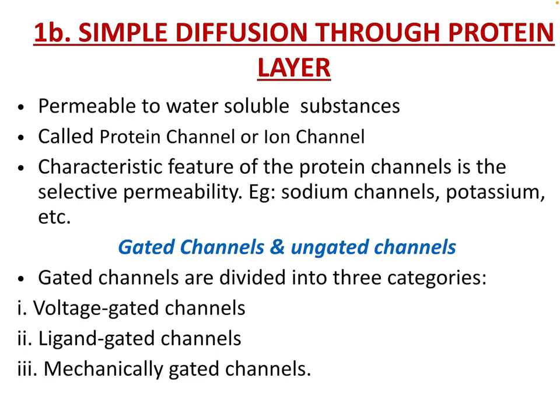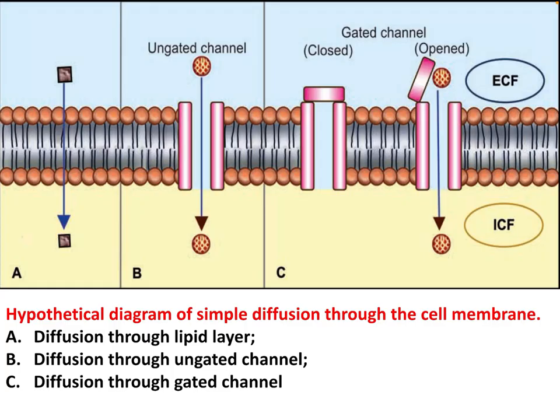Protein channels are of two types, that is gated channels and ungated channels. Ungated channels are open continuously. Here you can see an ungated channel.